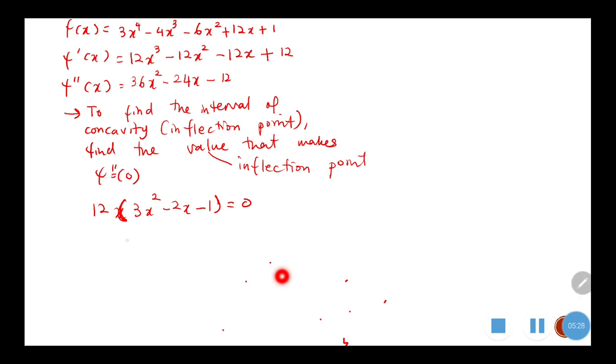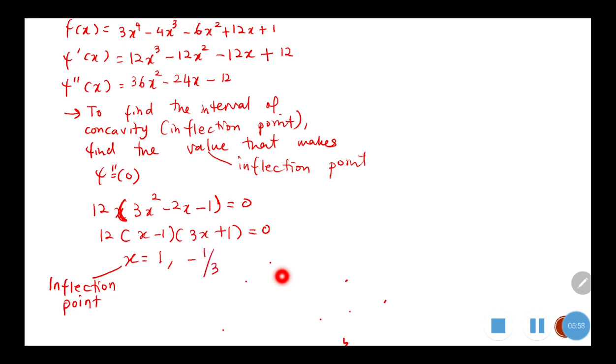It can be rewritten like this: x minus 1 and 3x plus 1 equal to 0. So now x is the inflection point. So x is equal to 1 and x equal to minus 1 over 3. I hope you can understand this.